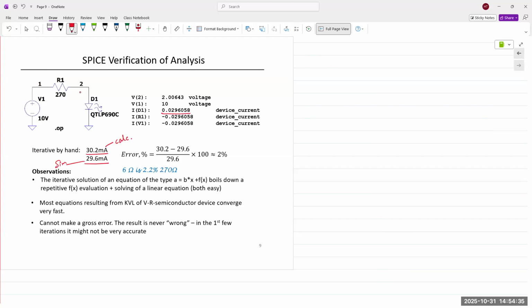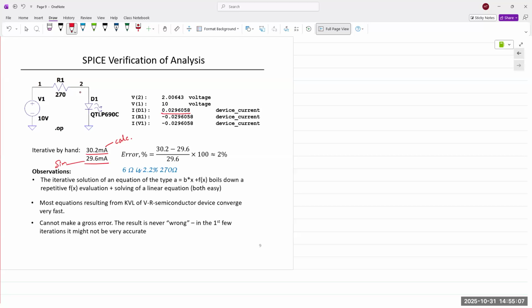If you calculate the percent error between the two, it comes out to approximately 2%. And again, it can be attributed to the manual calculation ignoring series resistance RS. RS is about 6 ohms. Series resistance is about 2.2% of 270. So that's the discrepancy.